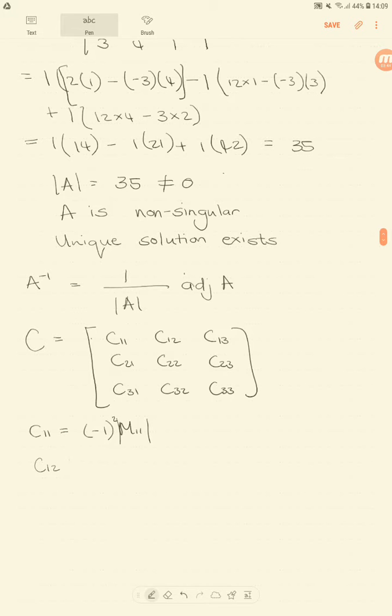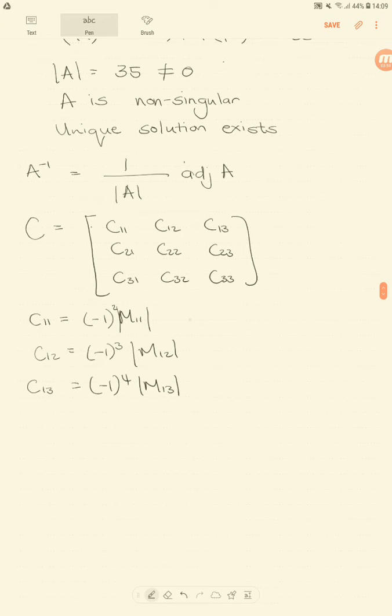C12 is equal to minus 1 to the power of 3 times the determinant of M12. C13 is equal to minus 1 to the power of 4 times the minor M13's determinant. This is equal to 14. This is equal to minus 21. And this is equal to 42.